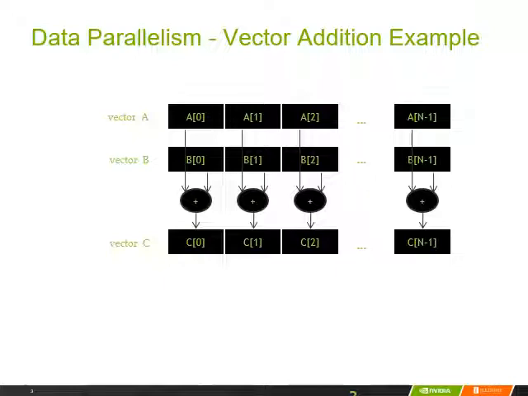In the example here, we have an addition of vector A to vector B to produce vector C. As we can see in the picture, arrows indicate how the data is used and produced in the computation. The use of A and B to produce C is independent for every data element. Therefore, there is a fairly large amount of data parallelism when the vectors are long.